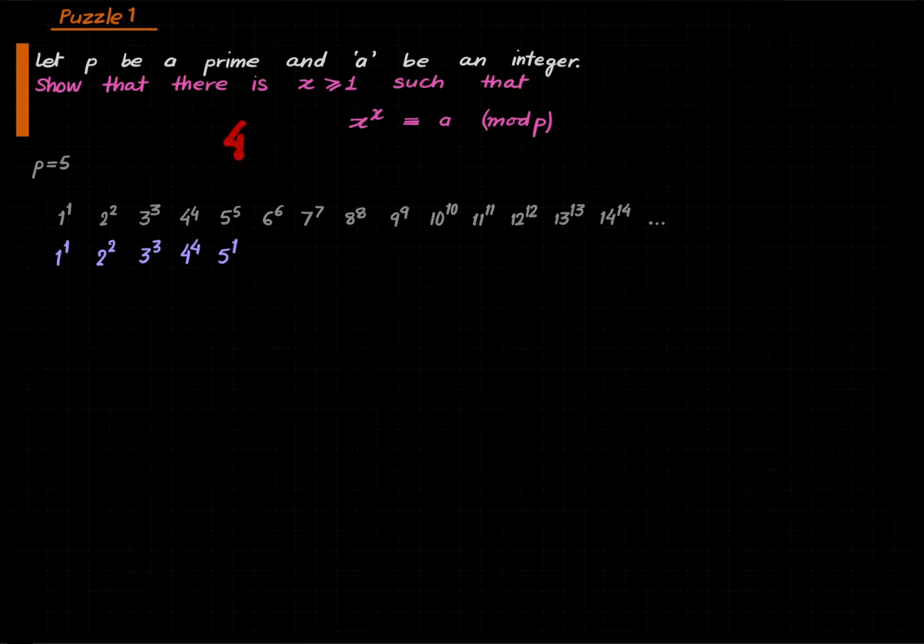I'm shaving off a 4 because of Fermat's little theorem. It says that if y is relatively prime to p, then y to the p minus 1 is congruent to 1 modulo p. So the exponent matters only modulo p minus 1, provided the base of the exponent is relatively prime to p.